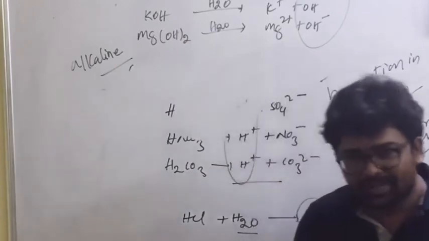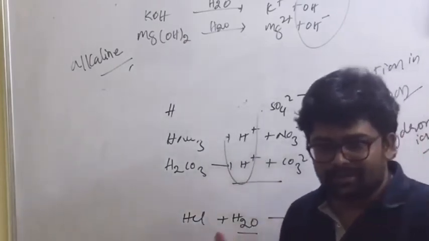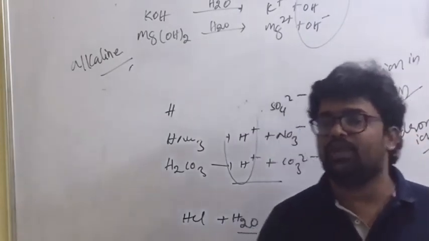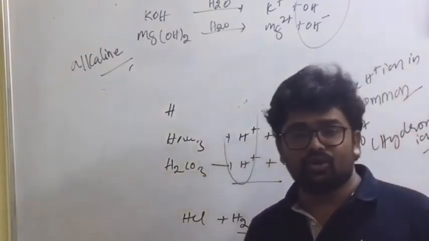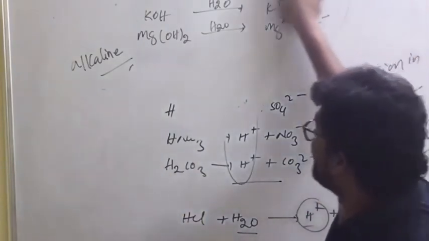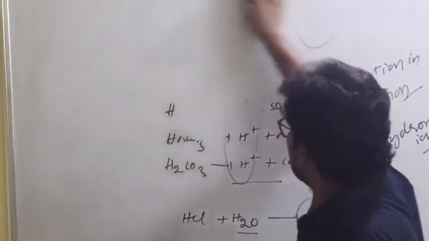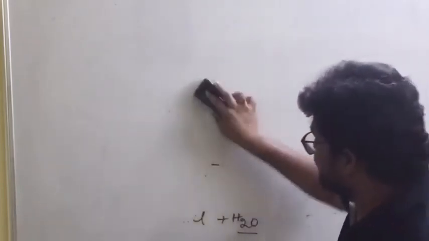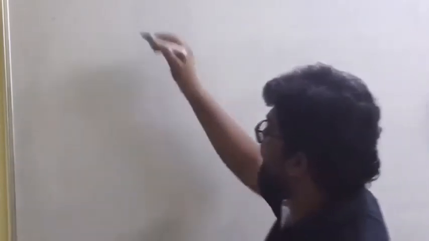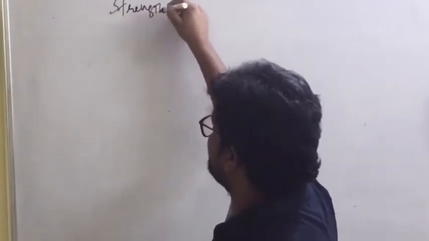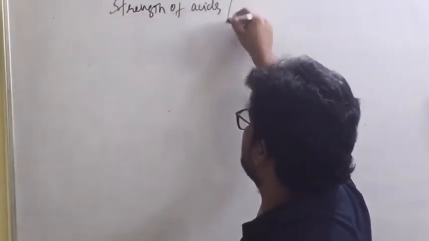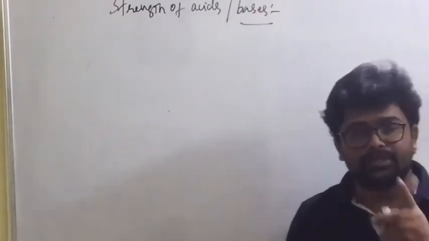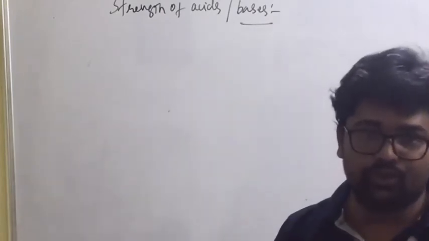Now how do we identify the strength of acids and bases? We have different types: strong acid, weak acid, strong base and weak base. How do we identify the nature of substances, that is, which is a strong acid and which is a weak acid? The strength of acids and bases can be known from the presence of H plus and OH minus ions in a solution.